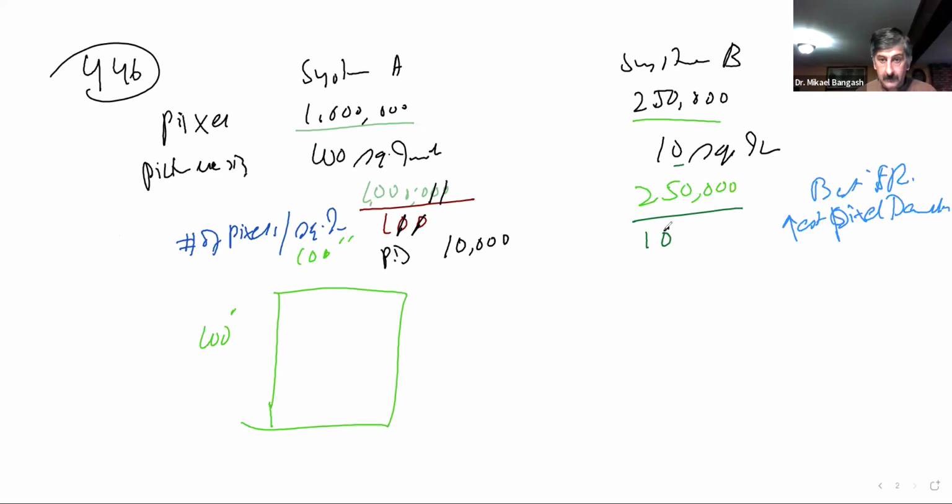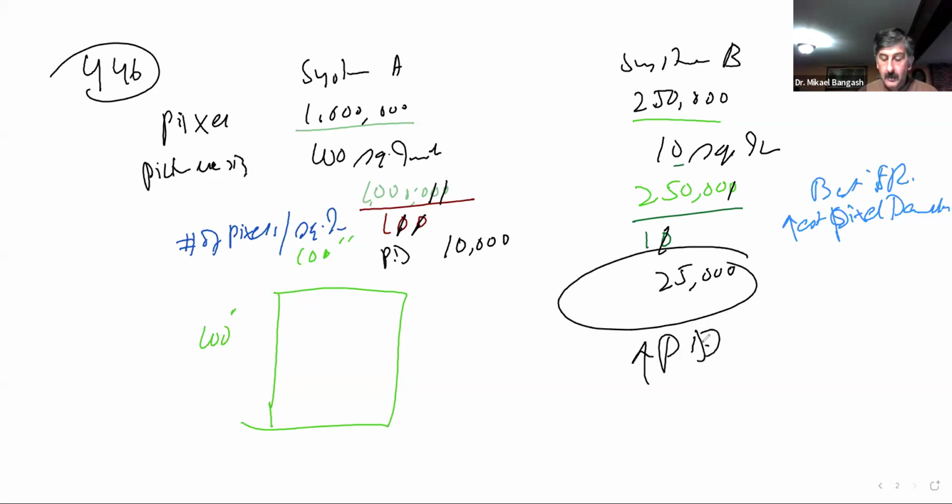Whereas over here, it's the same. This cuts this, and we are left with 25,000. So here, this is a greater pixel density, whereas over here this pixel density is less.